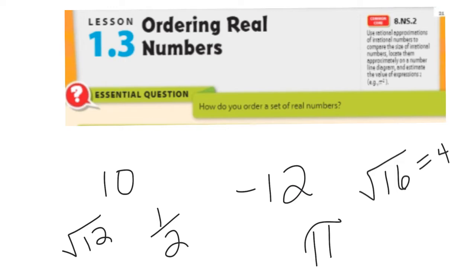So both the square root of 12 and pi are irrational numbers, but they are included in the set of real numbers. That means that there's no pattern. They're a decimal that never ends. And so you're going to learn how to order these from low to high.